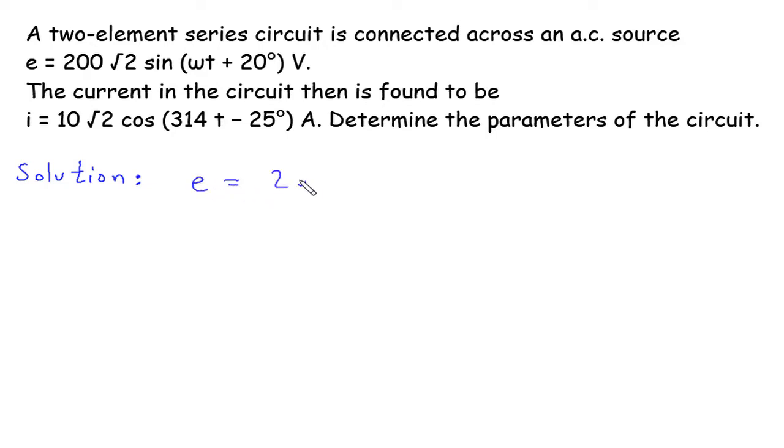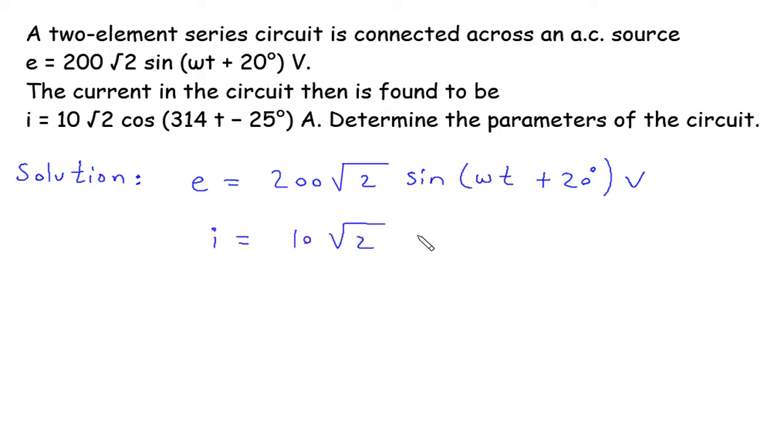So E is equal to 200 root 2 sine(omega t plus 20 degree) volt, and I is equal to 10 root 2 cos(314 t minus 25 degree) ampere. Now here this current is given in cosine form. We can convert this into its equivalent sine form.